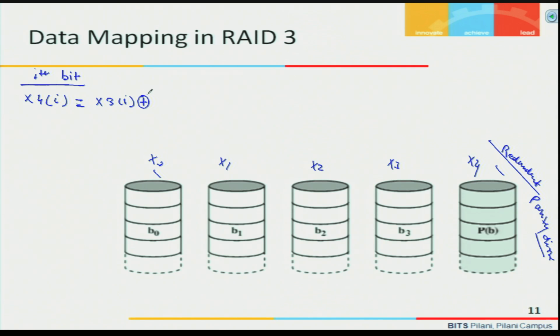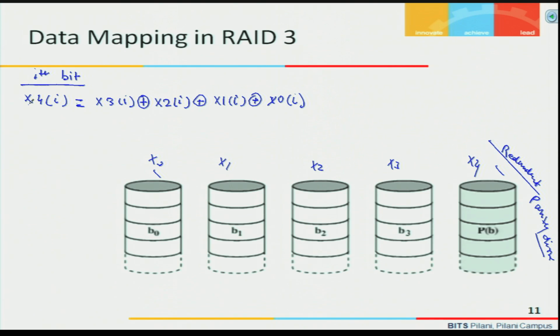This is an XOR operation, which is why it is bit interleaved parity. So, the corresponding bit parity will be stored in X4 at the ith position.